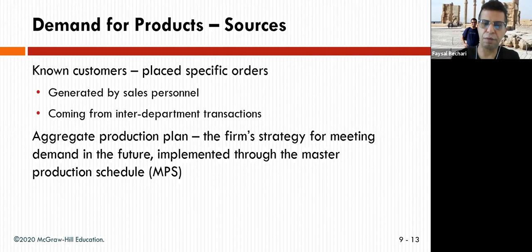Aggregate production plan, the firm's strategy for meeting the demand in the future, implemented through the master production plan. So when the salespeople in marketing, especially the marketing, will forecast the demand, it will be entered into MPS, and the MPS will give the order to MRP, and the MRP will give the results saying when we're going to have these amounts ready, subtracting what we have in the warehouse.